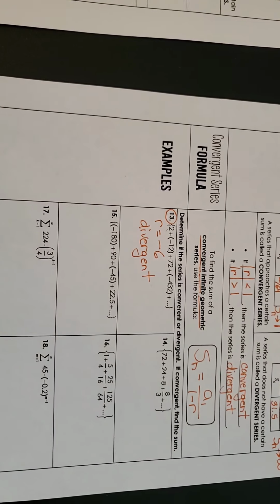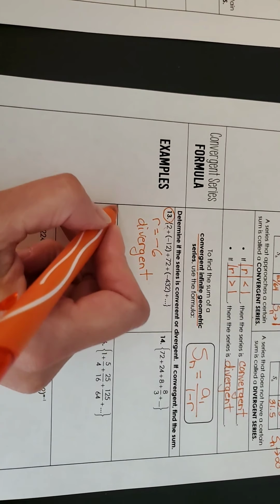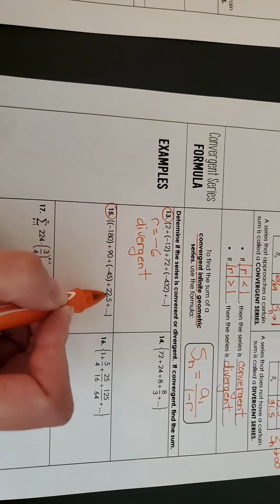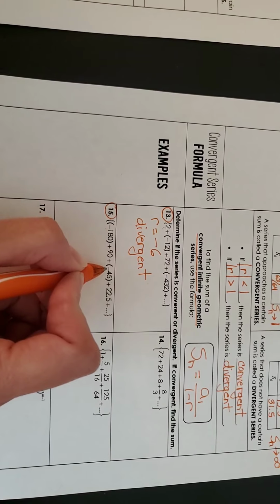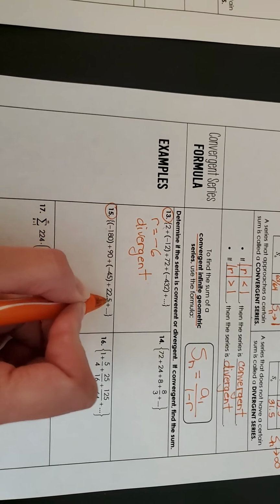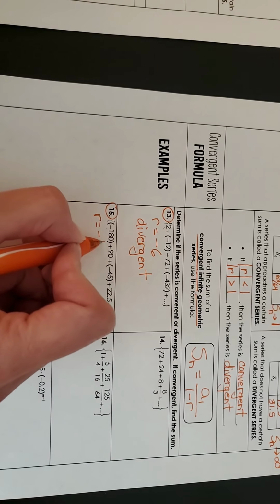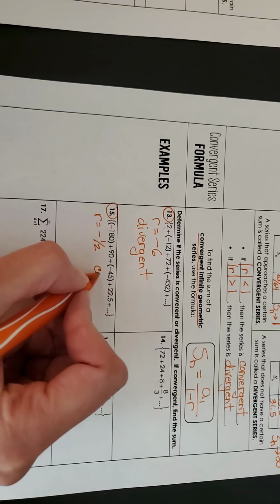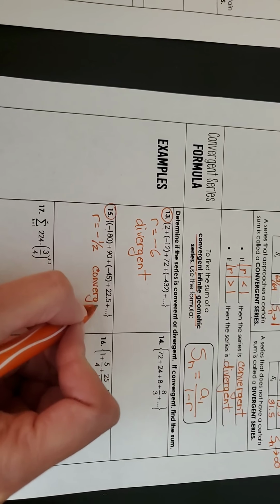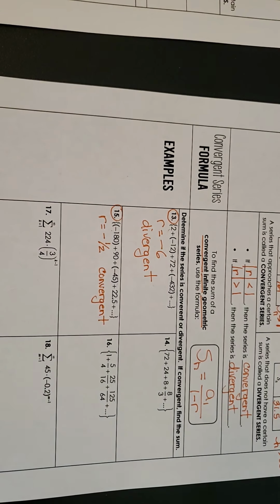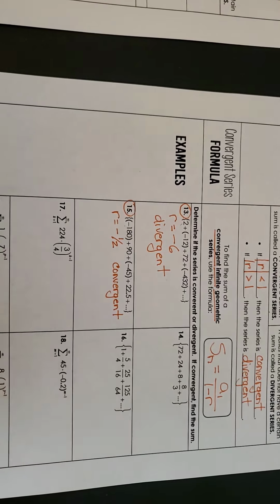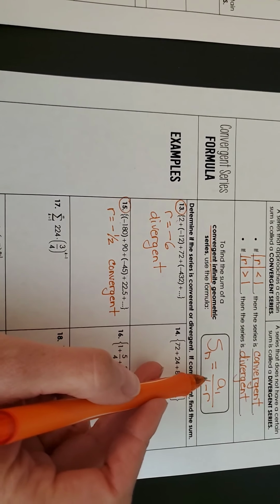All right. Let's look at number 15. What is the ratio? Well, it looks like we're going by halves and it's alternating, goes negative, positive, negative, positive. So that ratio must be -1/2. Well, that absolute value is definitely less than 1. So this series converges. We have a convergent geometric series, which means that we should be able to find the exact sum according to this formula here.